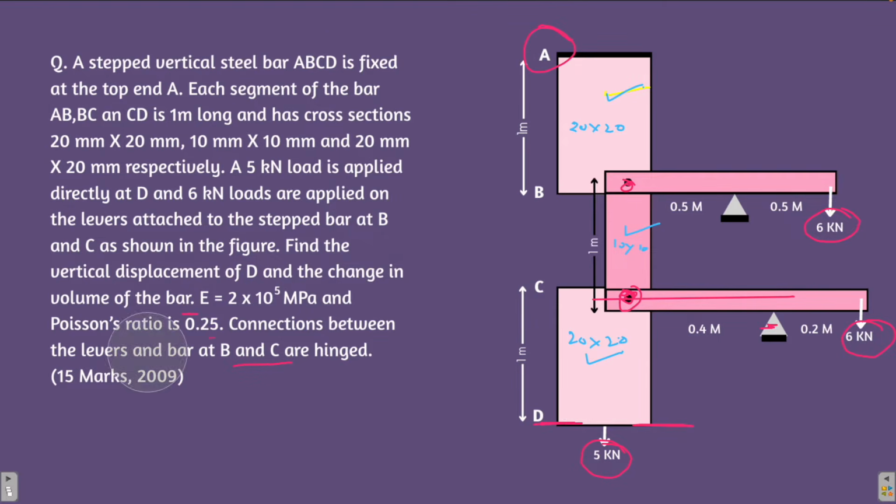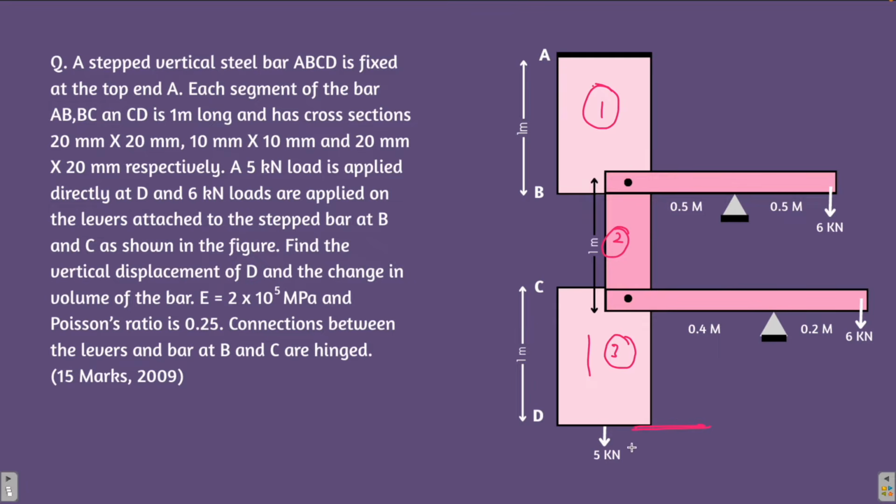Now, how will we approach this question? At first glance, this question seems very difficult. So how are we going to approach this? If you look carefully, we have to find just the deflection at point D. Whatever is the change in the length of the first bar plus the change in the length of the second bar plus the change in the length of the third bar, if you add all the changes, what will you get?